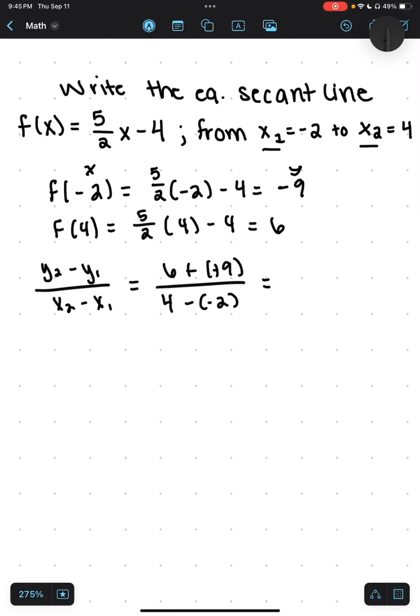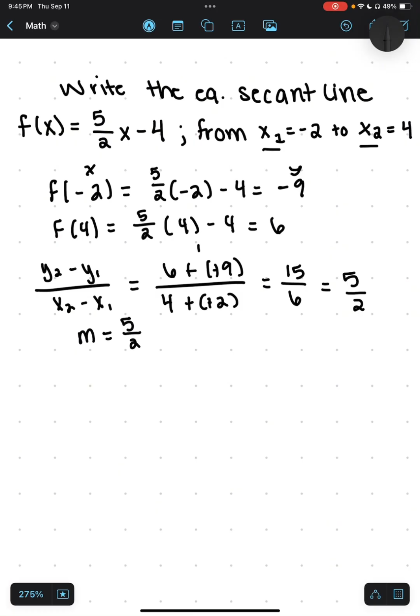These negatives become positives, and we have 15 over 6, which we can simplify to 5 over 2. So now we have our slope, m, which is 5 over 2.